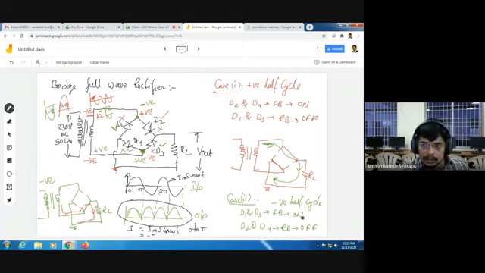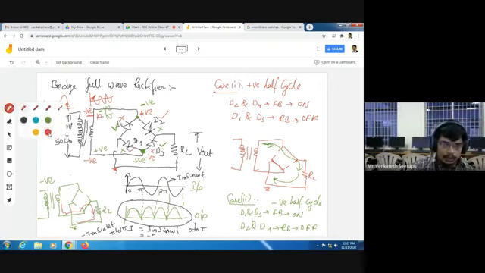Here the equation is a minus. So from 0 to pi, the equation for i is Im sin omega t, whereas from pi to 2 pi, our current equation is minus Im sin omega t. So it is my output equation.